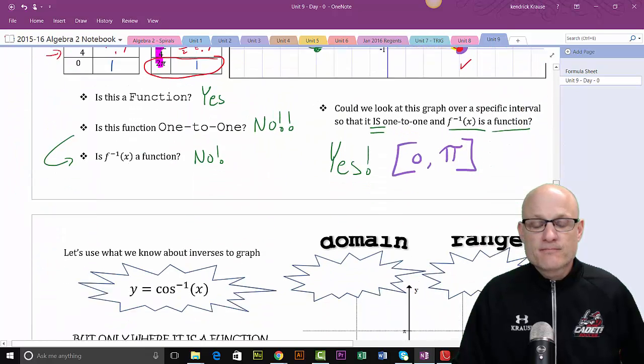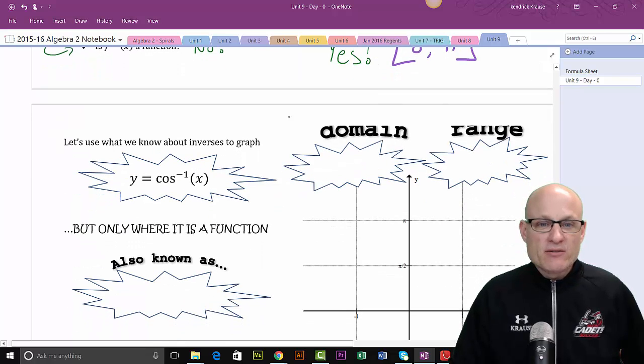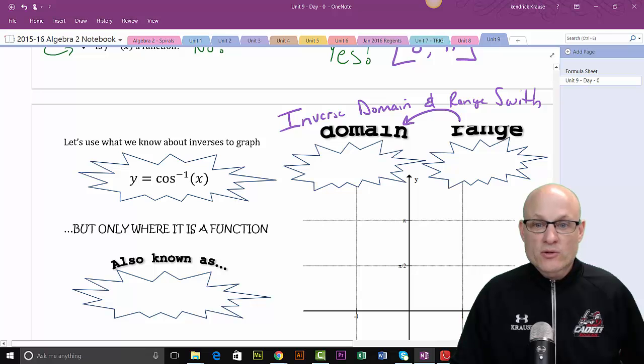Now, if you remember inverses, domain and range switch. So we're going to switch these. In this case, the domain would be from -1 to +1, and the range would be from negative infinity to positive infinity.